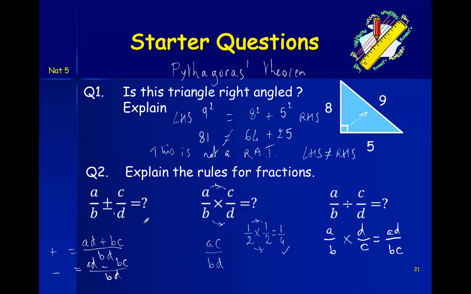Whereas if you've got a half plus a half, what's a half plus a half? Half a pizza plus half a pizza. So 2 times 1, plus 2 times 1, divided by 2 times 2. That's 2 plus 2 over 4, which is 4 over 4, anything divided by itself.